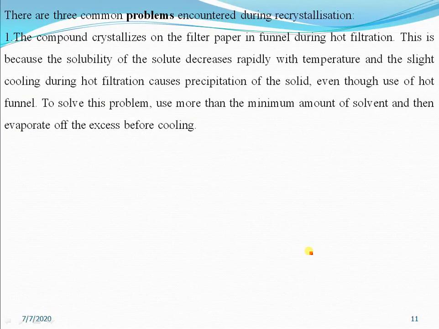This is because the solubility of the solute decreases rapidly with the temperature, and slight cooling during this hot filtration causes precipitation of the solid even though a hot funnel is used. To solve this problem, use more than the minimum amount of solvent and then evaporate the excess before cooling.